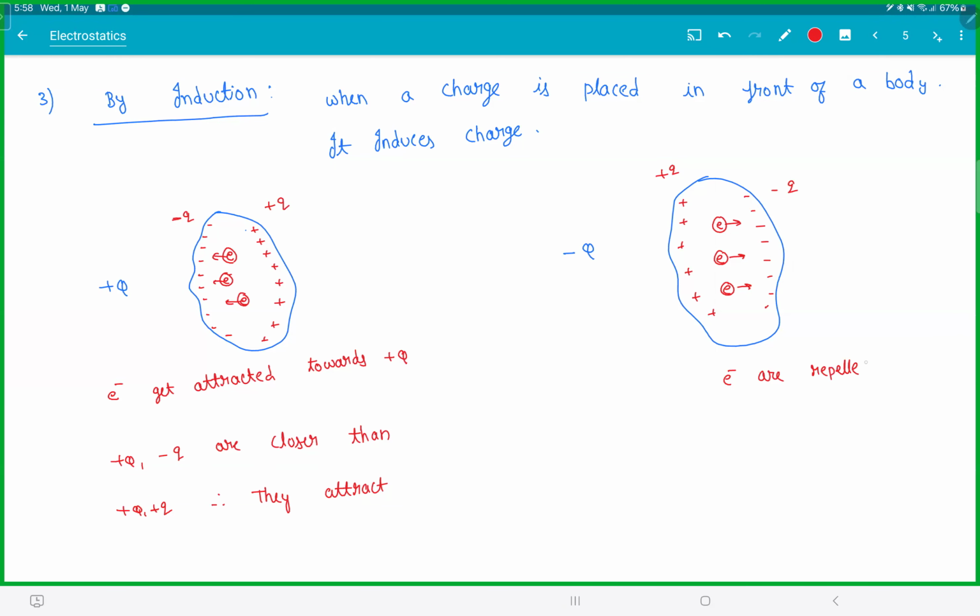Still, the opposite charges are closer, so they still attract. It doesn't matter. Whether you bring a positive or a negative charge in front of a neutral body, it still attracts. So that is the third way you can create a charge.